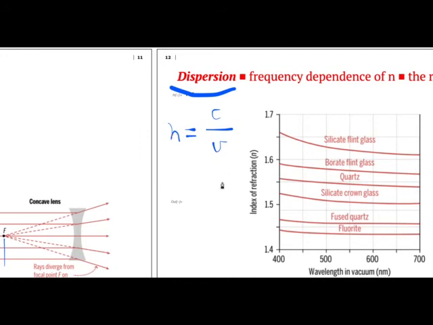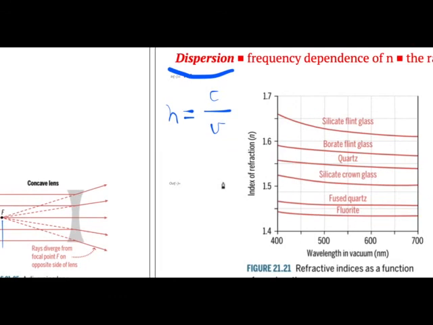So here's a picture from the book. It's figure 21, which shows the index of refraction for six different kinds of transparent materials. Different kinds of glass, quartz, fluorite, some crystal. And you see, the index of refraction is always greater than 1. For all of these six different materials, it's on the order of 1.5, maybe a little bit bigger, maybe a little bit smaller.